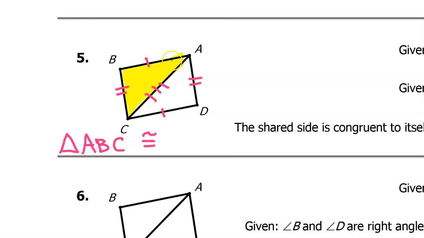Can you see that yellow angle A is across from the double tick mark? So which white angle is across from the double tick mark? Well, that's white angle C. So yellow angle A corresponds with white angle C.